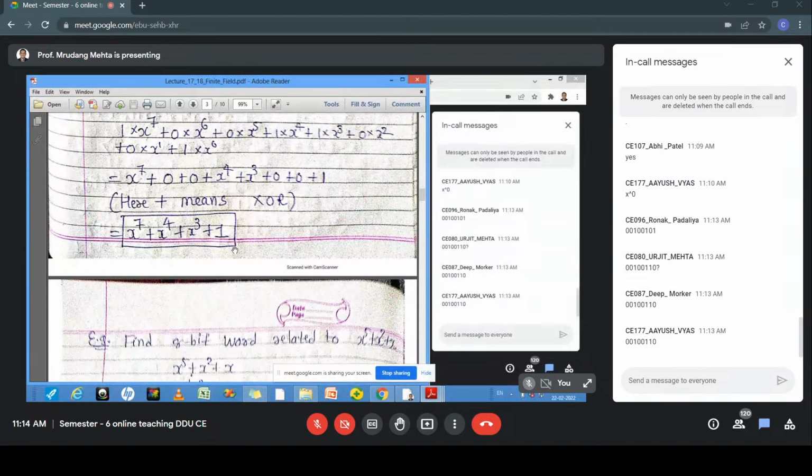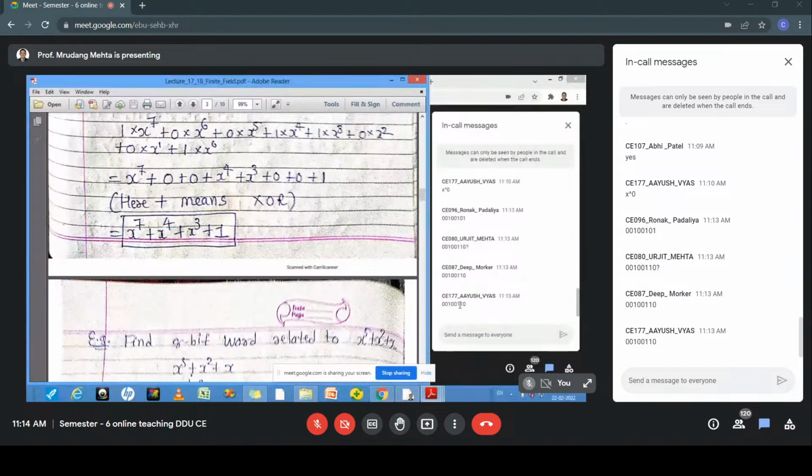Now x raised to 1, that is x. Okay, so the coefficient is 1, right? So that is why this term x is valid. And so the second last bit is 1. Now third last bit is x square, right? So x square into 1, that is x square.